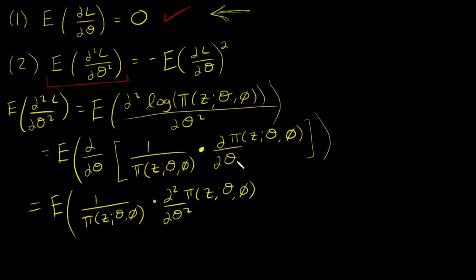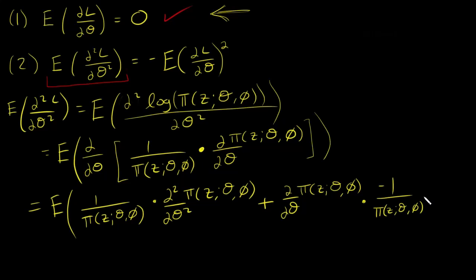Then that plus the second piece of the product, which is the first derivative of the density function, times the derivative of the first, which will be negative 1 over our density function, squared.